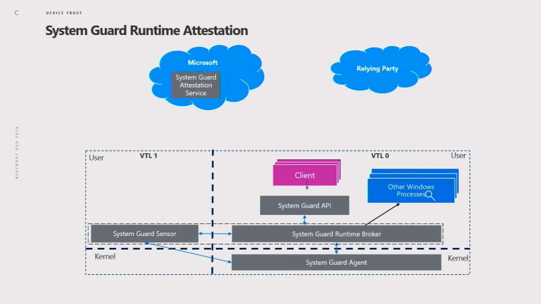There is actually an API that will allow an arbitrary client, pick your favorite zero trust client, to call into the System Guard API and receive a TPM signed report about what's happening in the device. And so you're able to call into the API, get a set of assertions coming back about whether the machine's been tampered or not, and then use that in the cloud in your access proxy to establish whether or not this device now meets the trust level that you expect.